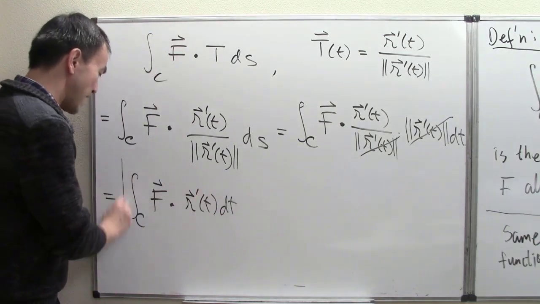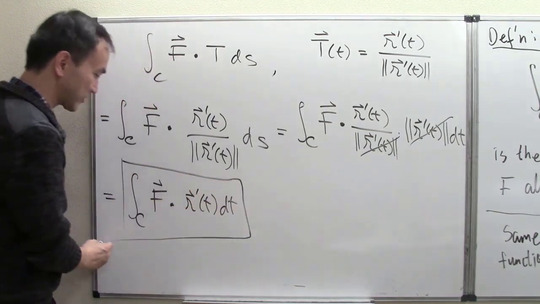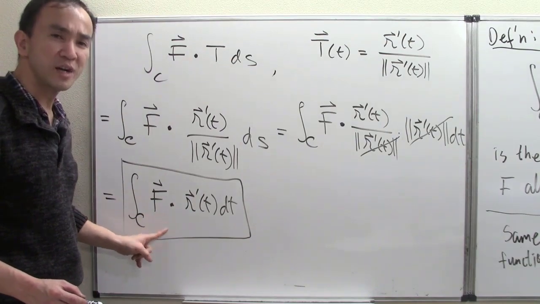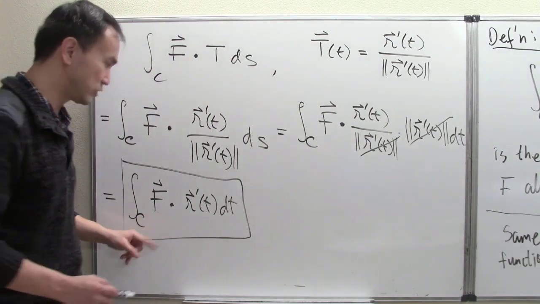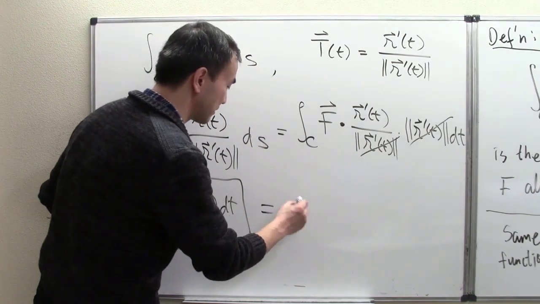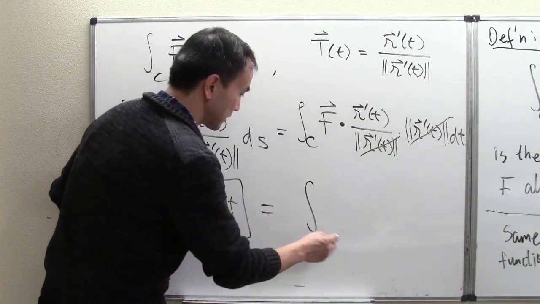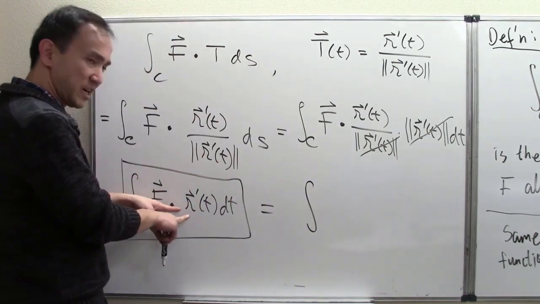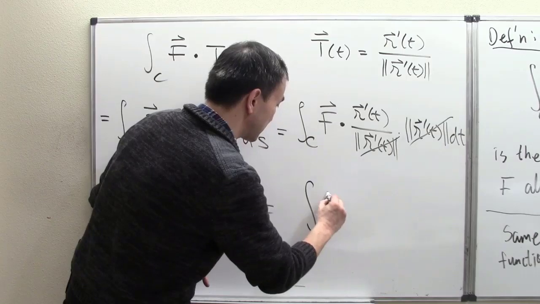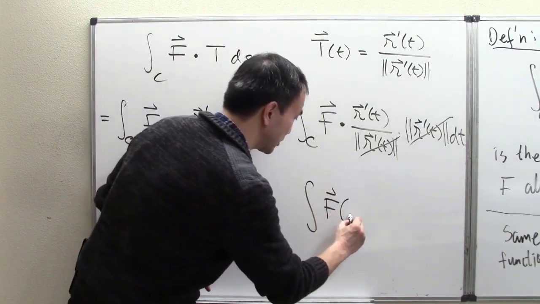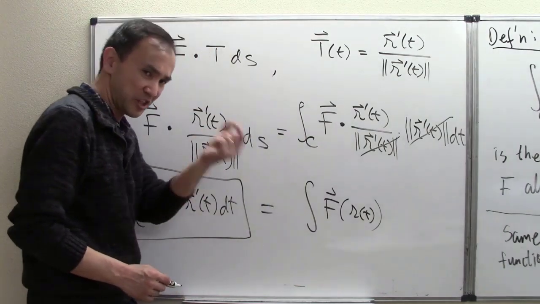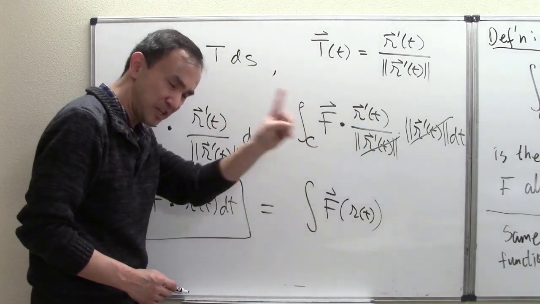So nail down this form. Put this form in a box. This form is exactly the same as that form, but this form allows us to do the calculation. When you're actually doing the calculation, with your curve parameterized by the vector r, F is the vector field determined at the position vector r, because the position vector r is a point in either 2D or 3D space.